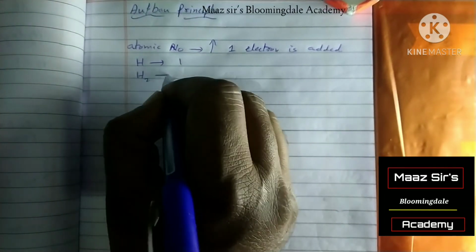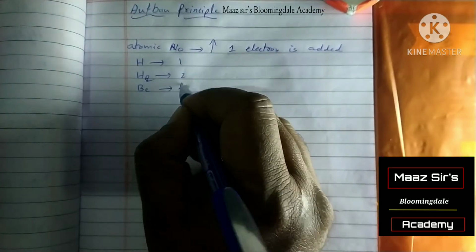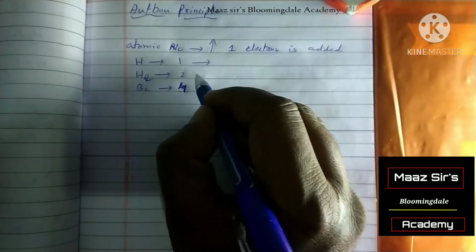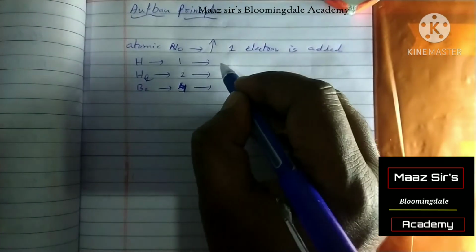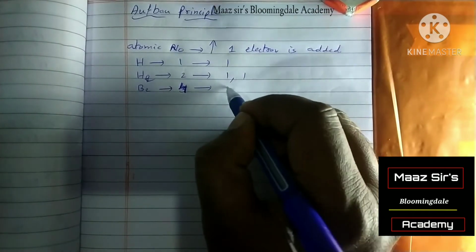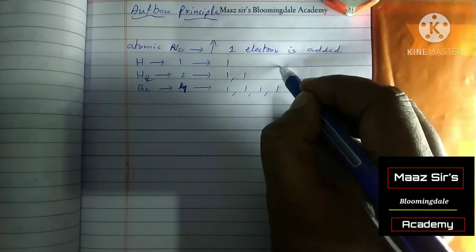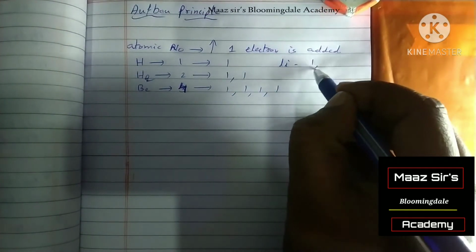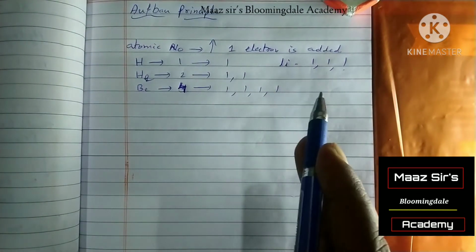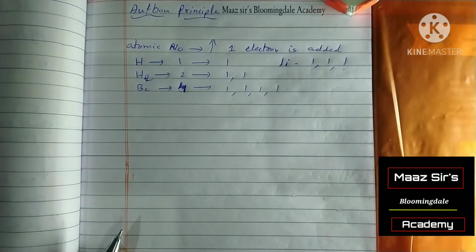Helium, atomic number is 2. Beryllium, atomic number is 4. So what is happening here? As the atomic number is increasing, one electron is increasing gradually. Lithium, 3 electrons will be there. So the electrons are gradually increasing.